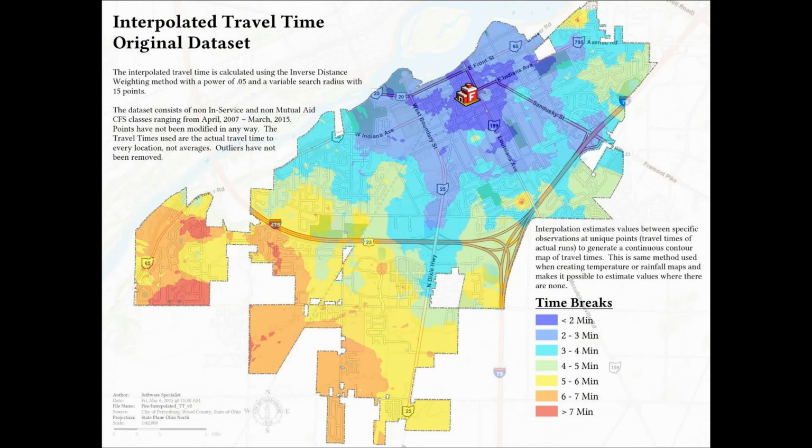And so this is the basic interpolation model of that data. So it looks kind of rough, right? It looks splotchy. You see some really random values, like this is 7 minutes, but it's surrounded by 5 minutes, and it's surrounded by 4 minutes, so that doesn't make a whole lot of sense.